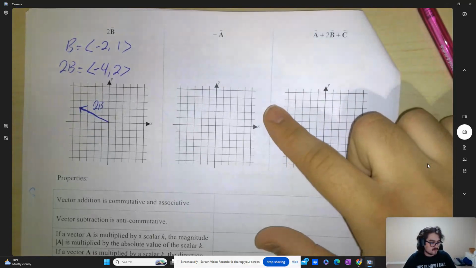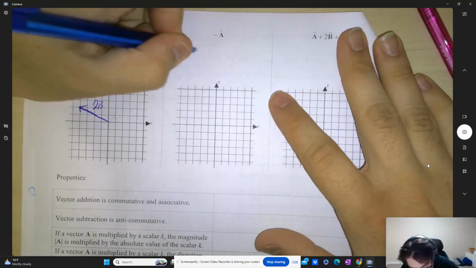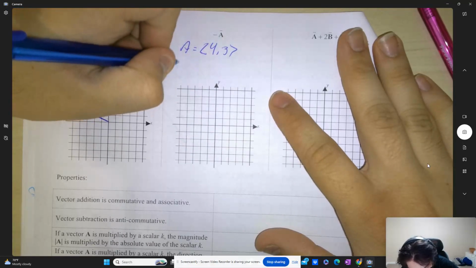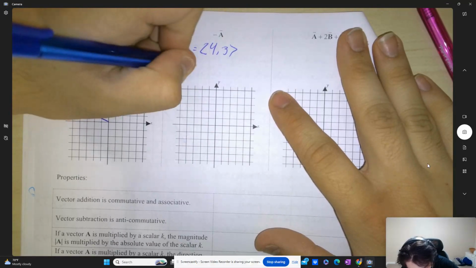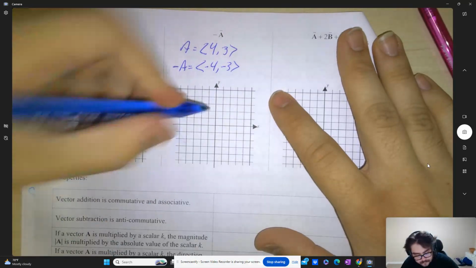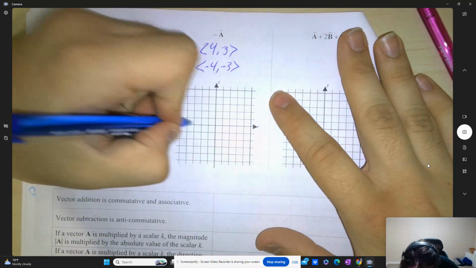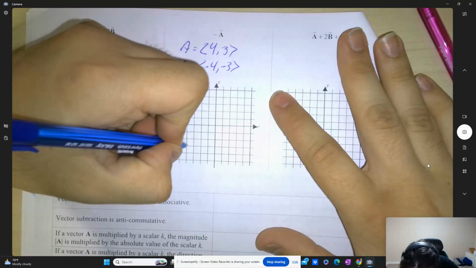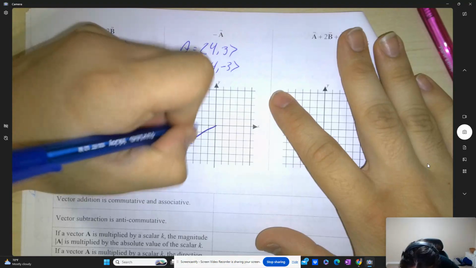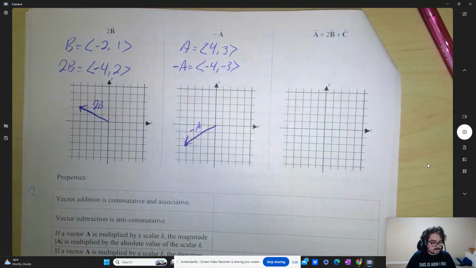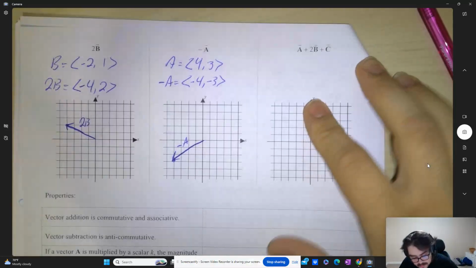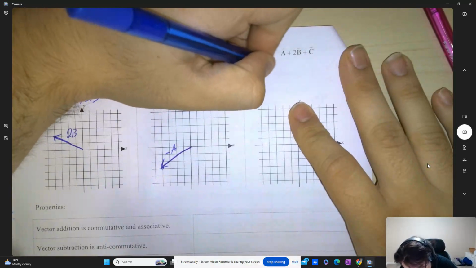Negative A, well, if A was 4 comma 3, this is just multiplying them both by negative 1, so you would get negative 4 comma negative 3, and then 1, 2, 3, 4, 1, 2, 3, okay, there's negative A.